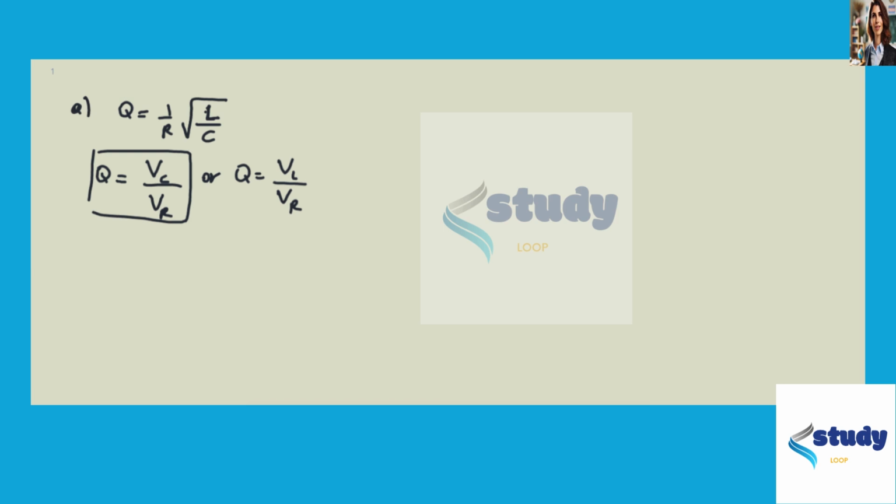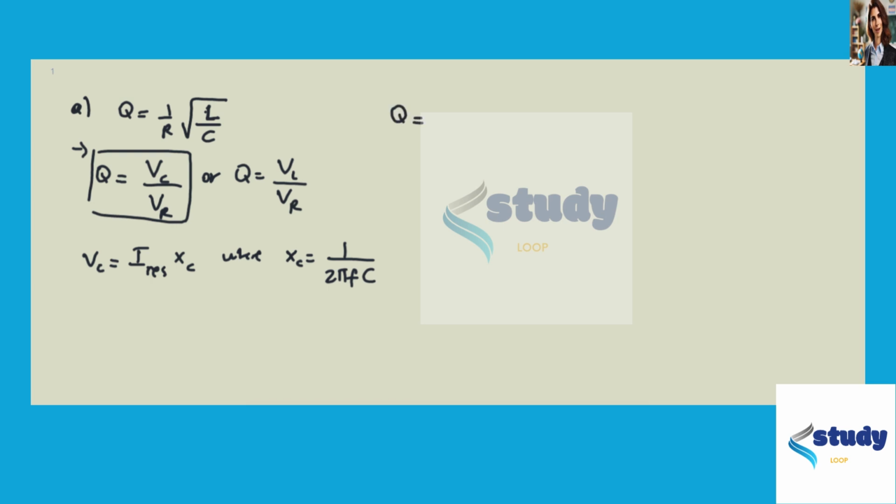So, now, the potential across the capacitor at resonance is the resonant current times the reactance of the capacitor, right? Where we know that the reactance of the capacitor is 1 over 2 pi f C. So I'm just going to put everything back in this equation.